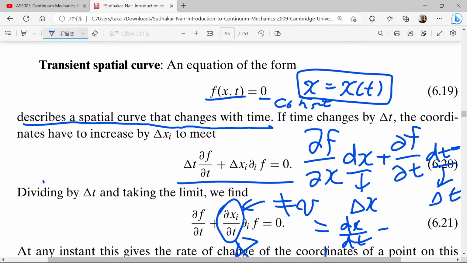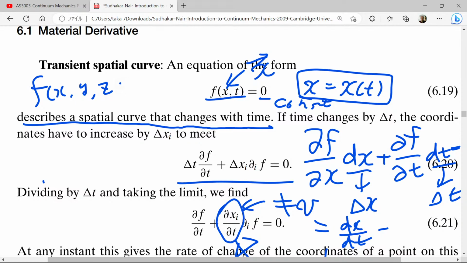So, is this x actually an x vector? This is more like f(x, y, z, t) equals 0. I'm not so sure about it.